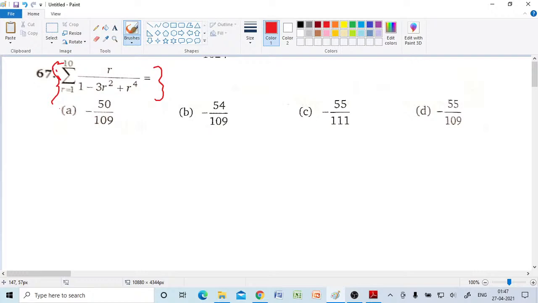So let me write down this particular expression first. We have r over 1 minus 3r square plus r to the power 4.